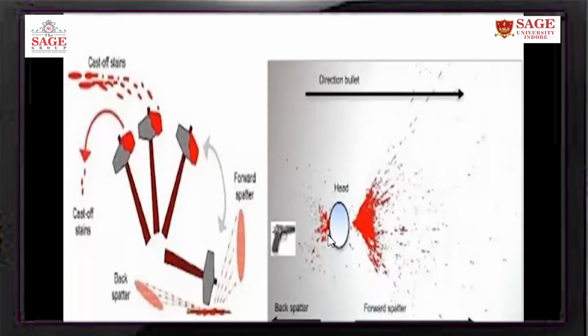Since the bullet is moving with a high velocity, the back spatter, you can note, is a little more. And once it comes out of the body with a high velocity, this is the spatter which is formed. That's why we said that with high velocity impacts, you will get more small, tiny blood droplets associated with the main blood stain pattern.